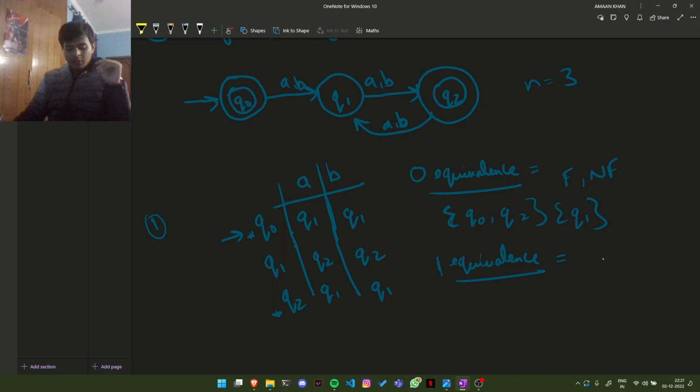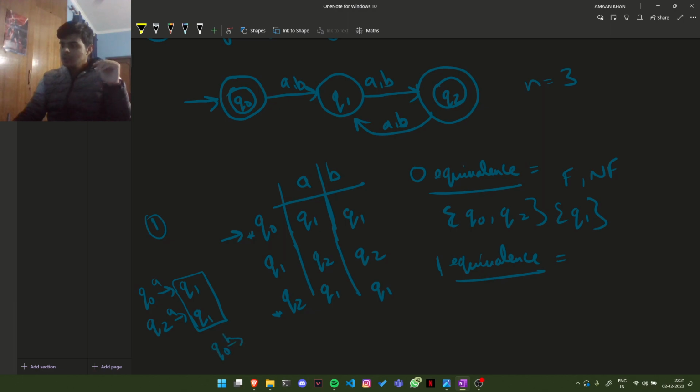So for that, I'm going to check the transition of q0 and q2. So q0 on A goes to q1, and q2 on A goes to q1. So both of them go to the same state.